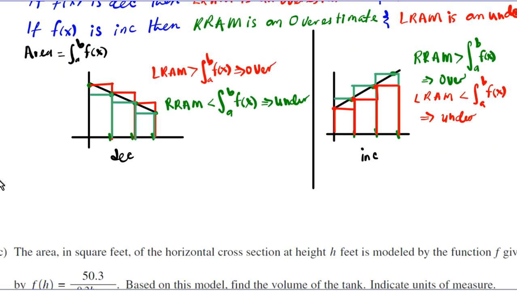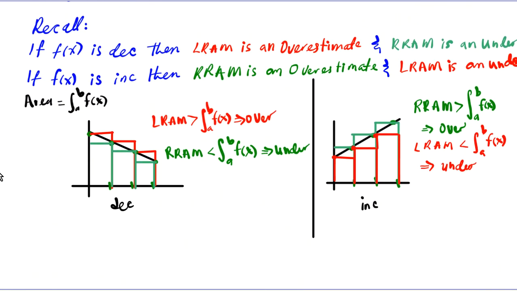So we can clearly see that the function is decreasing. So since the function is decreasing, what's our conclusion? Let's write that down. LRAM is going to be an overestimate. Okay, so this is the scenario that we're looking at for this particular problem: decreasing, LRAM is an overestimate. Okay, so we'll write down this solution.